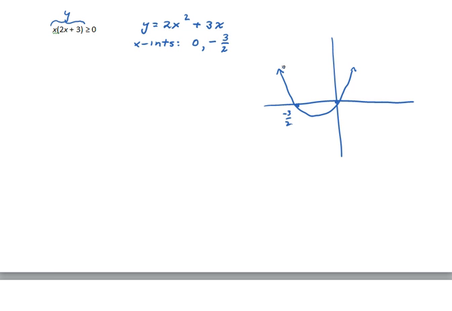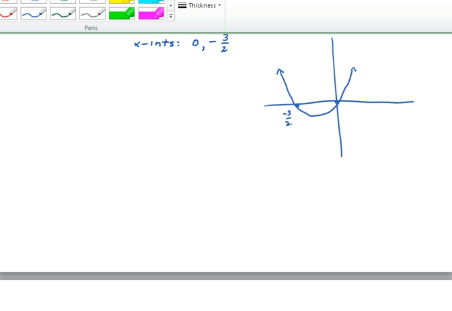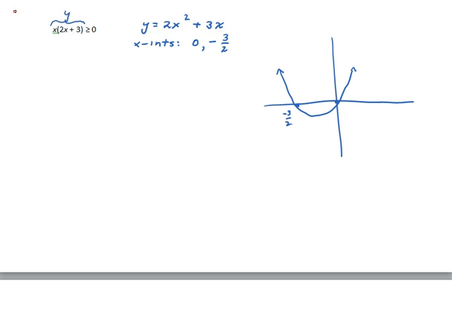And we are looking for where this graph is greater than or equal to 0. And so it is going to be on the outside of the x-intercepts of the parabola. This is y equals 0, and this is y equals 2x squared plus 3x.